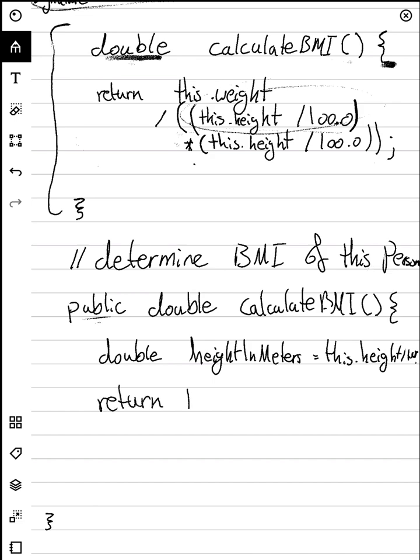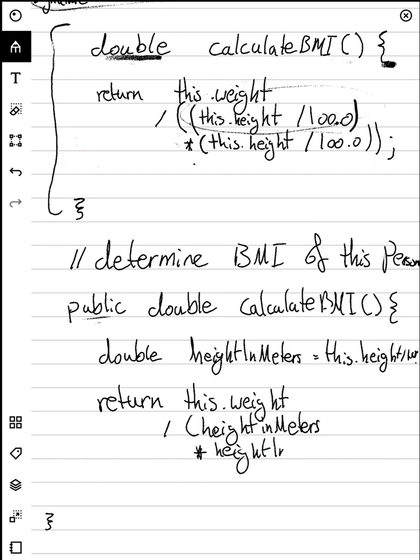I can say return this dot weight divided by height in meters multiplied by height in meters.